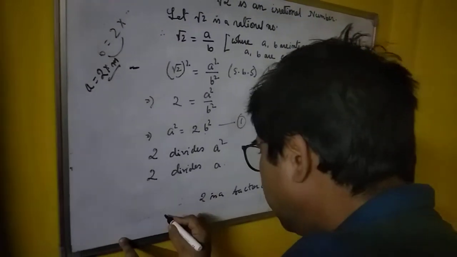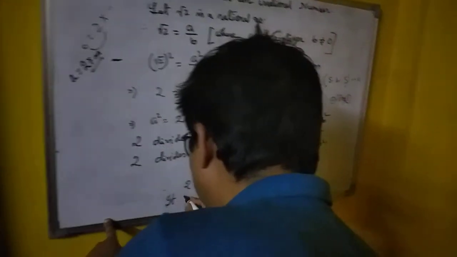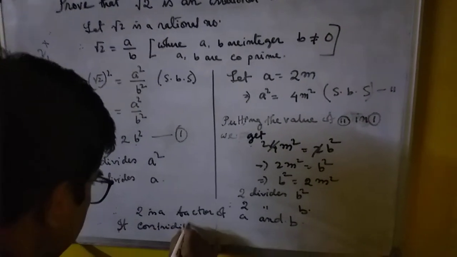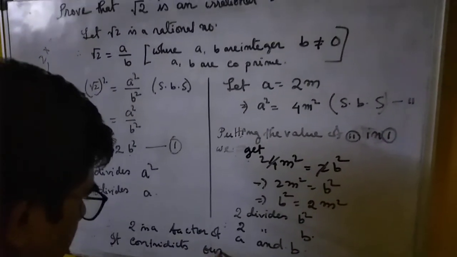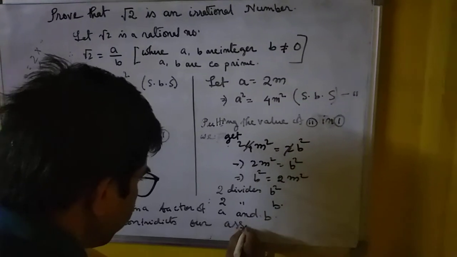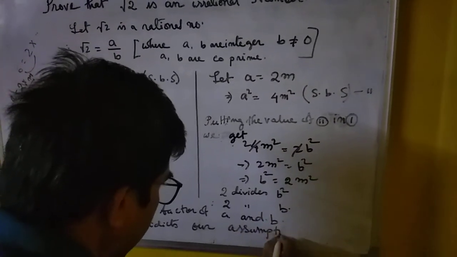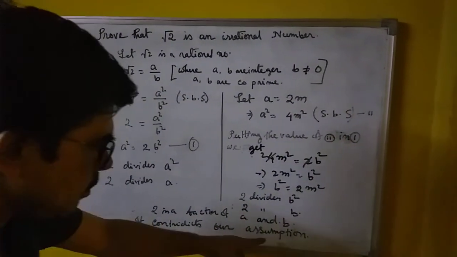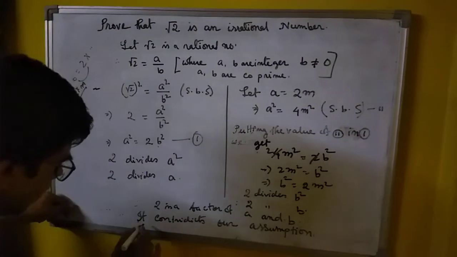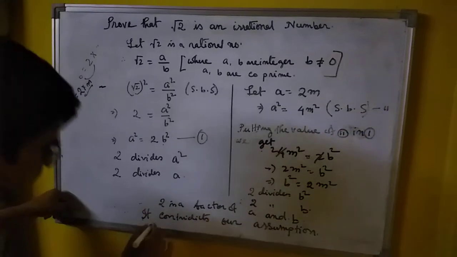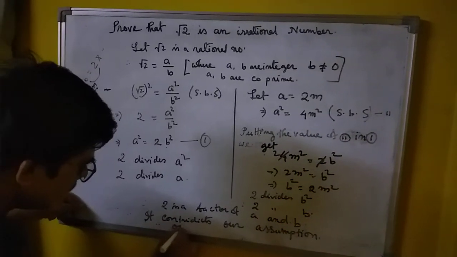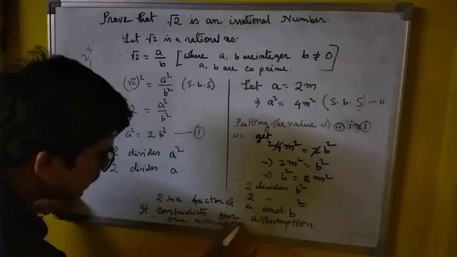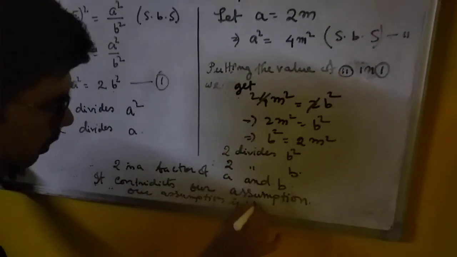So 2 is a factor of a and b. Therefore, it contradicts our assumption. Assumption means what we took; it is wrong. Therefore, our assumption is wrong.